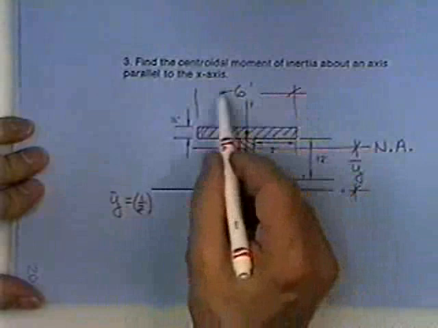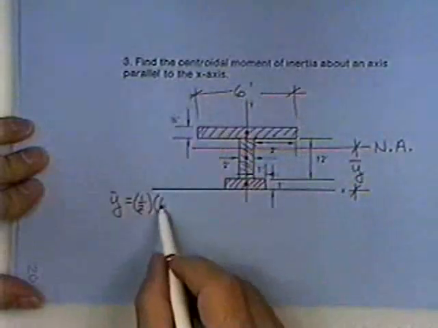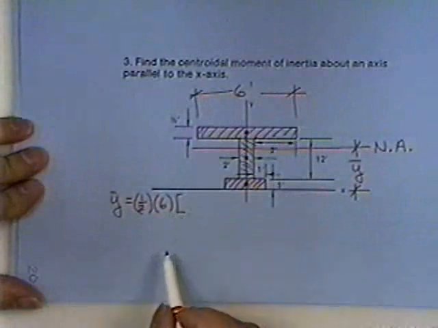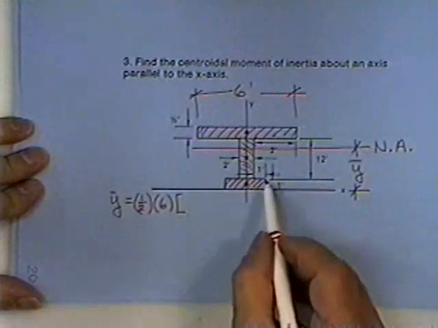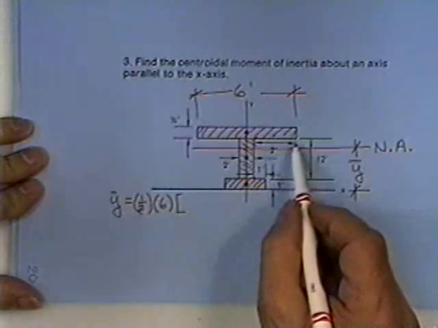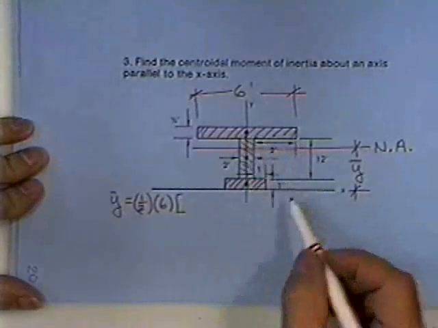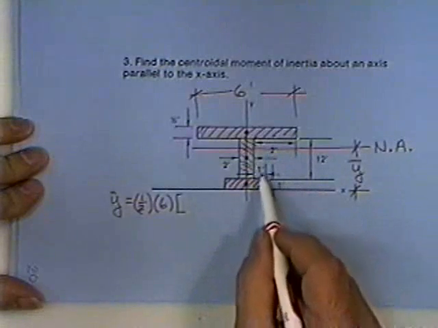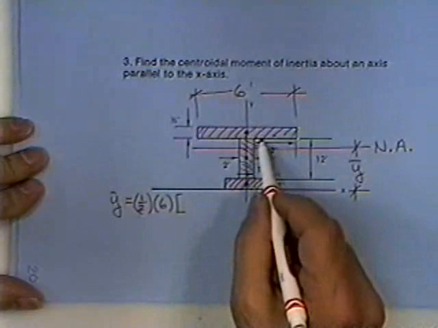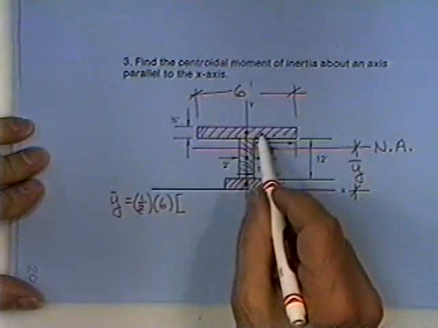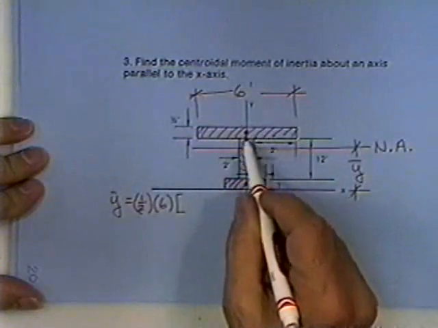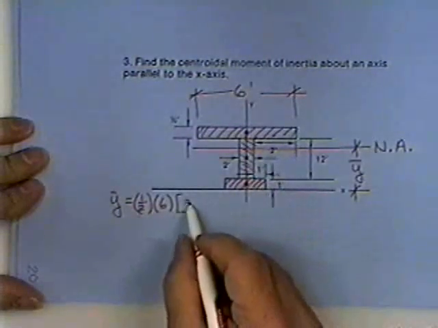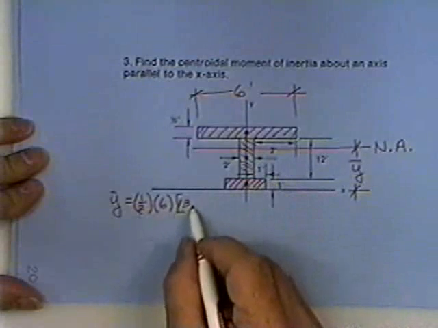So that should say 6 across the top. 1/2 times 6 times how far is he off of the x-axis? 1 and 12 and 1/4. So I'll go up 1 foot to get to here. I go up 12 feet to get to here, and then I go up 1/2 of 1/2, because the centroid of a rectangle is halfway up. So that's 13.25 feet.